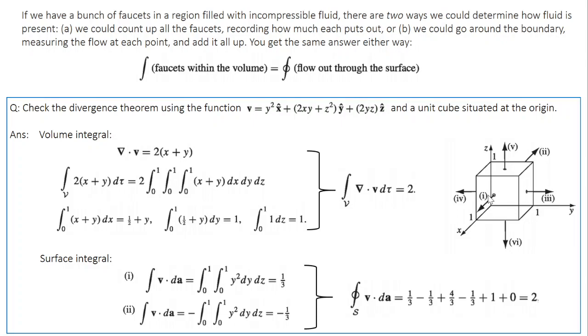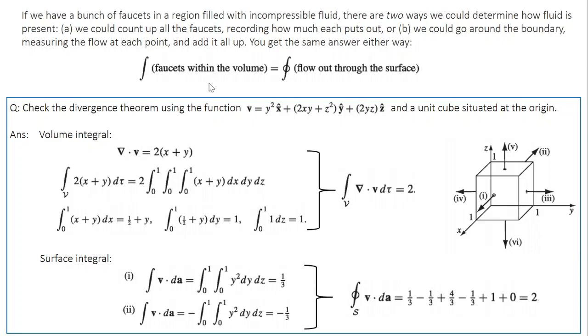That also gives you the total amount of liquid present. So this is nothing but the closed surface integral of flow out through the boundary surface. In both cases the value remains the same. That's why we say the volume integral of divergence of a given function is equal to the closed surface integral of the function itself. So this is the fundamental theorem of divergence.